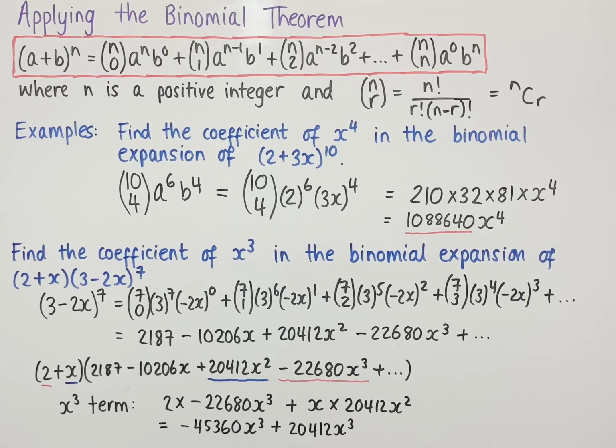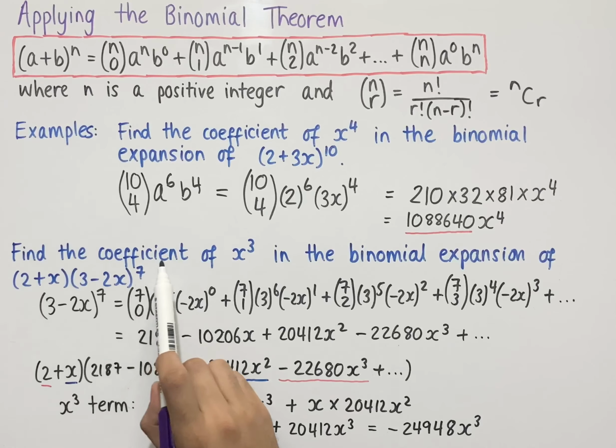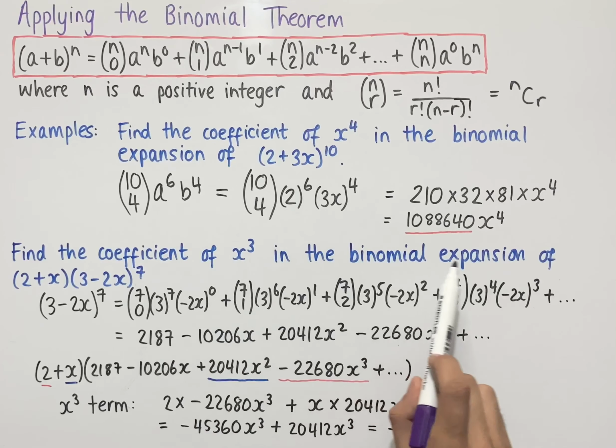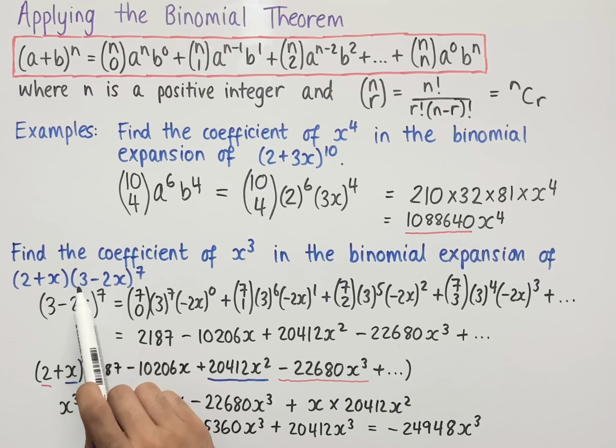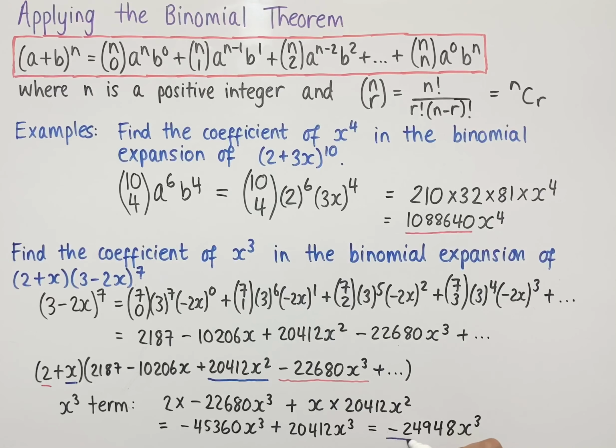If we now add these two terms together, we finally end up with −24,948x to the power of 3. And so the coefficient of x cubed in the binomial expansion of (2 + x) multiplied with (3 − 2x) all to the power of 7 is −24,948.